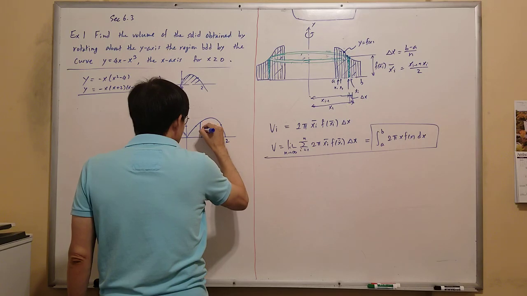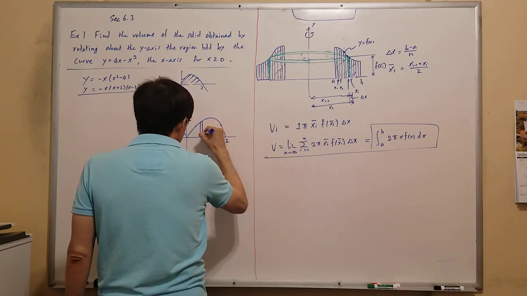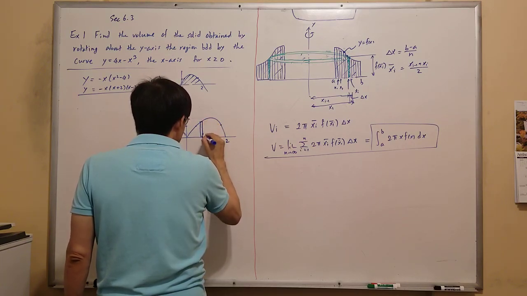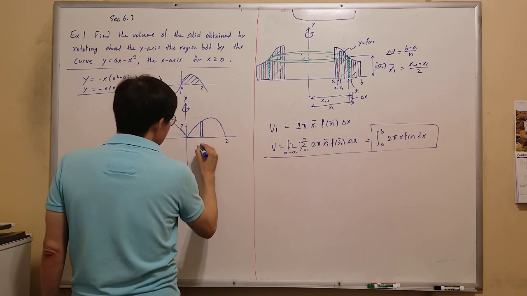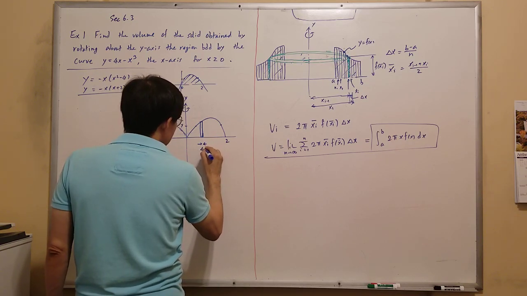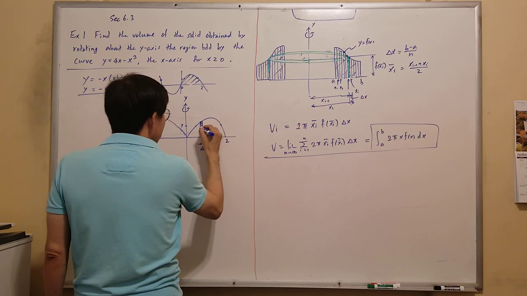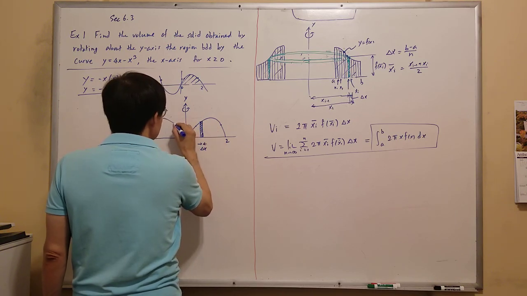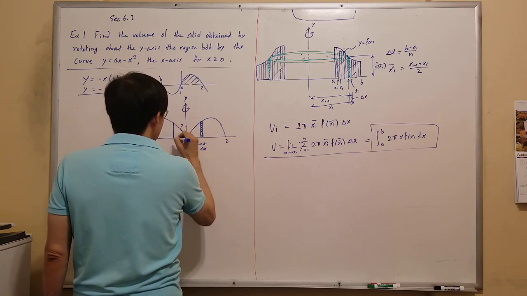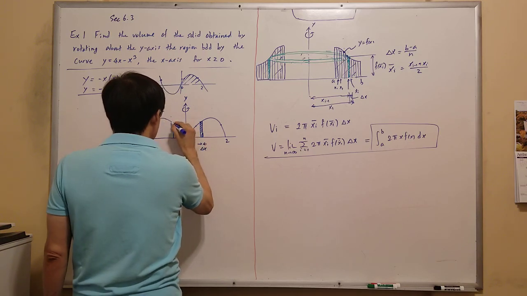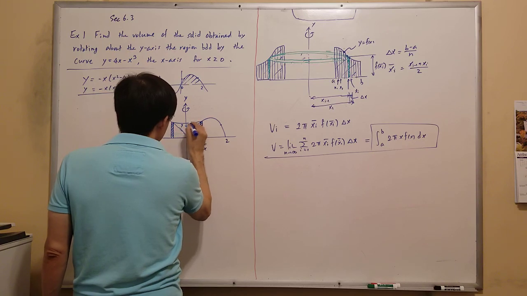So in this case, we're given x, delta x, right? This shell, we consider this shell. All right?